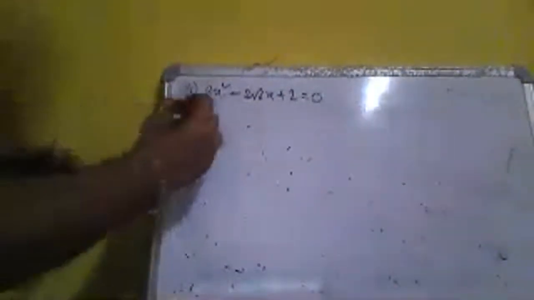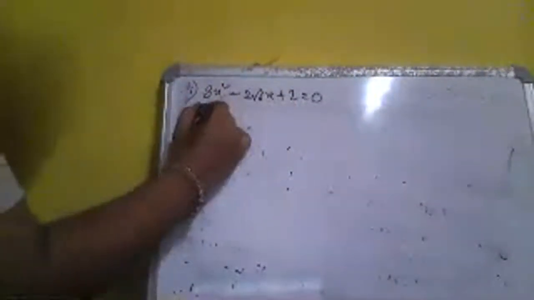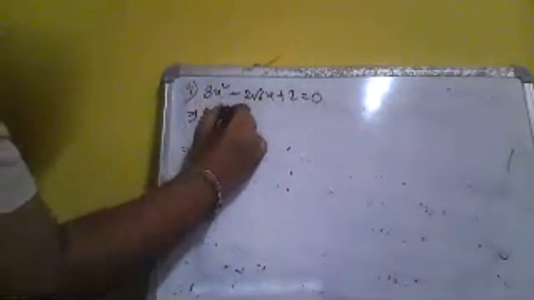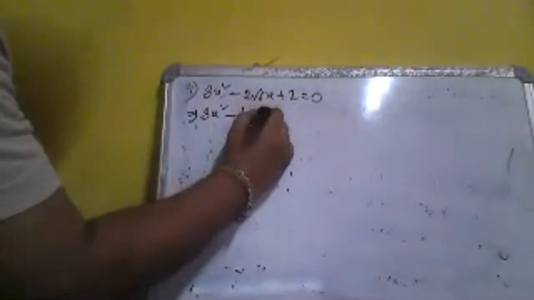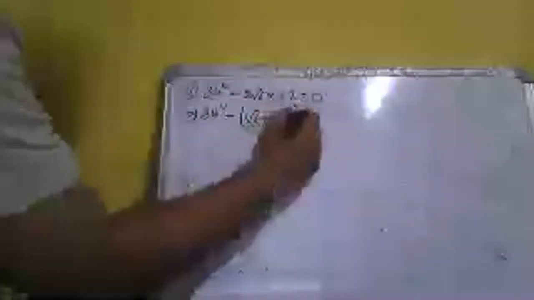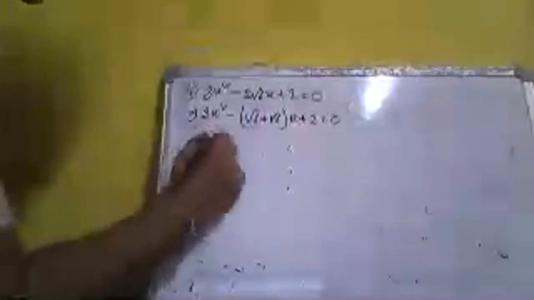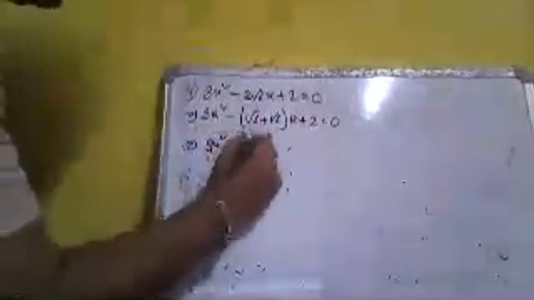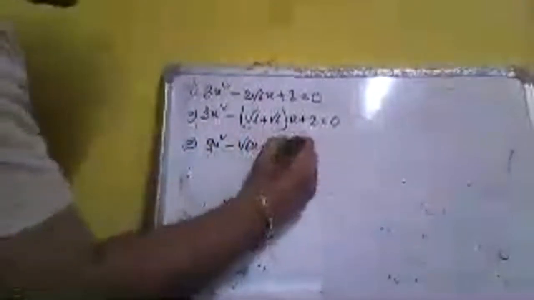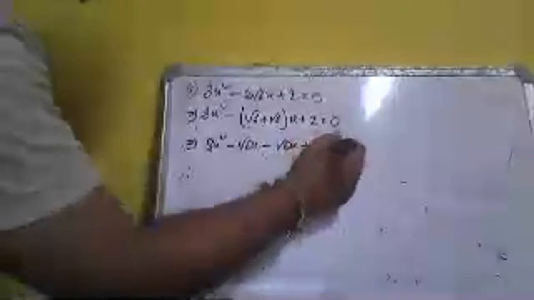Understood? Then here this one is 3x square minus root 6 plus root 6 into x plus 2 equal to 0. And this one is 3x square minus root 6x minus root 6x plus 2 equal to 0.